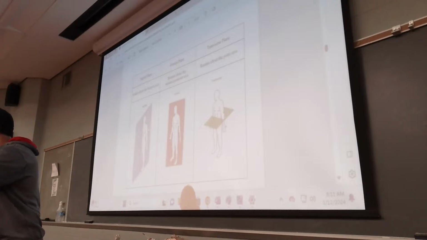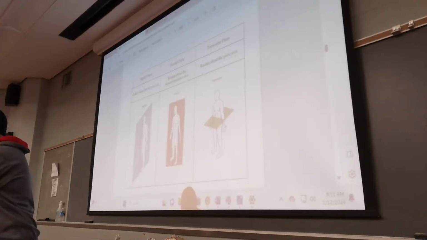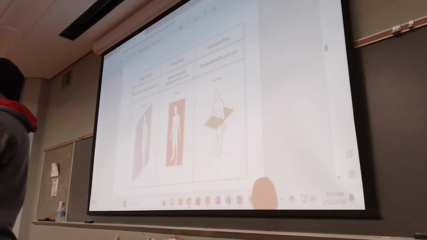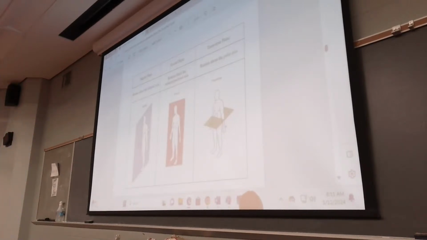This baseball can spin in a given plane we call the frontal plane, and this baseball can spin in a given plane we call the transverse plane. Planes and axes. If the baseball spins in a transverse plane, it has to spin about an axis. We're going to give a name to that next week. If the baseball is spinning in a certain plane, it has to spin about an axis.